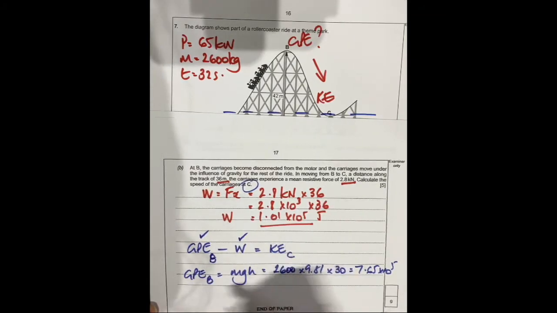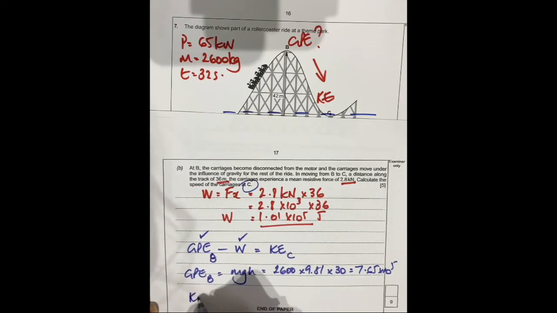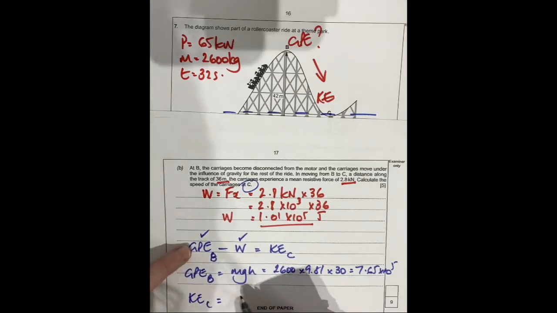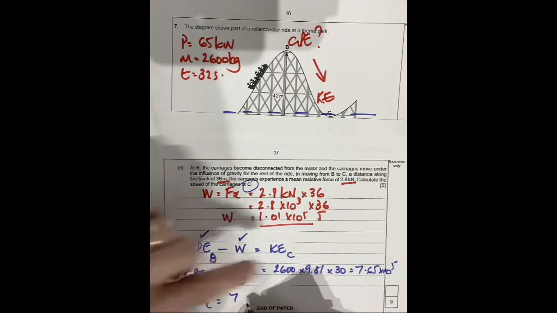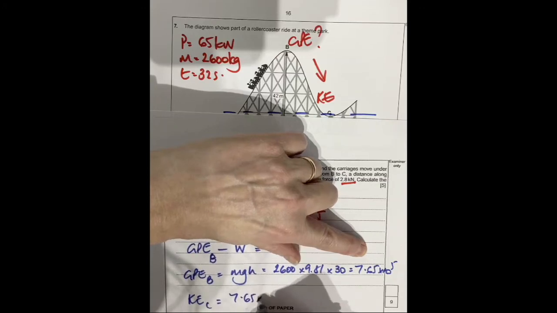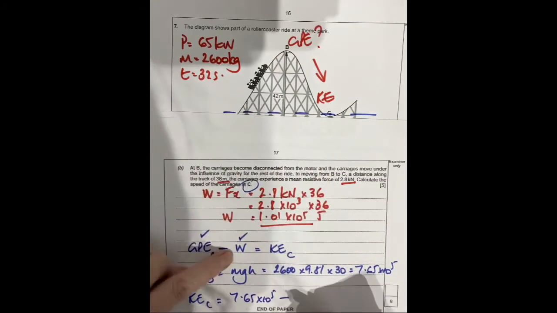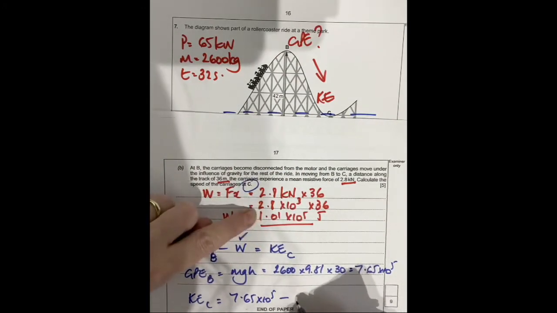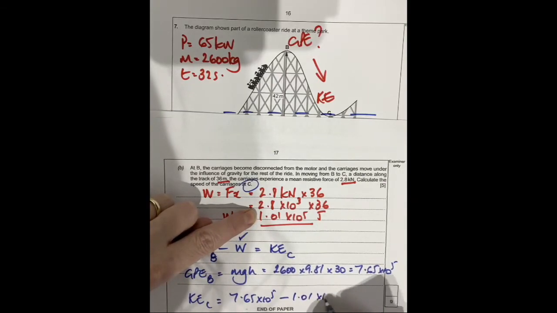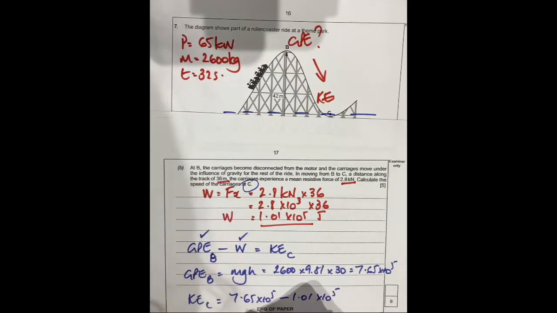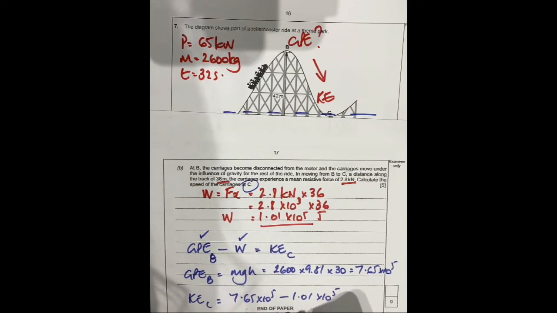We know that. We can work out this, can't we? So the kinetic energy at C is this GPE, so that number for GPE, take away the work done, which is this one, 1.01 times 10 to the 5. Okay. And that gives us 6.64 times 10 to the 5 joules. So we know the kinetic energy.